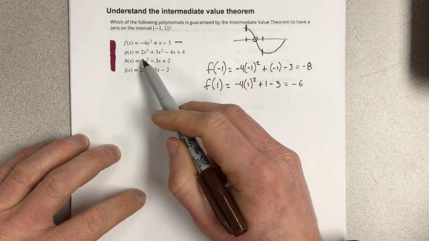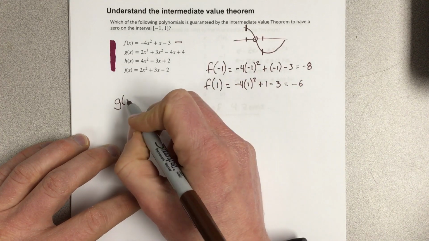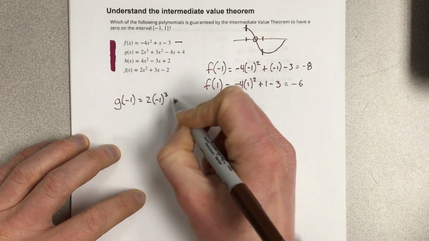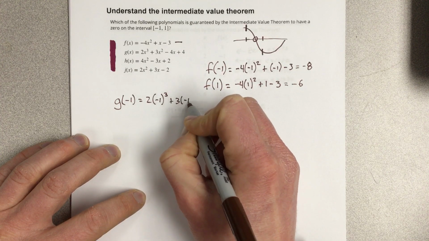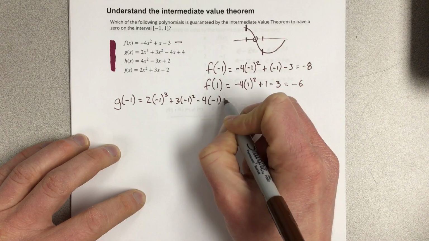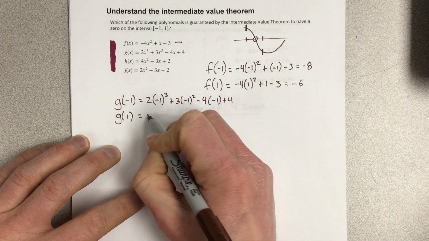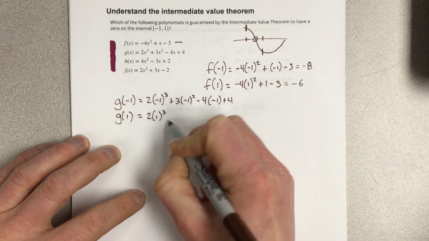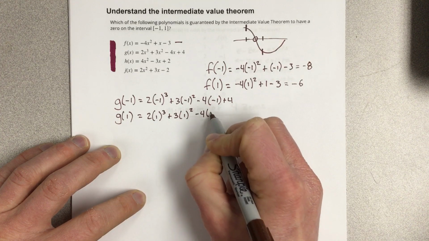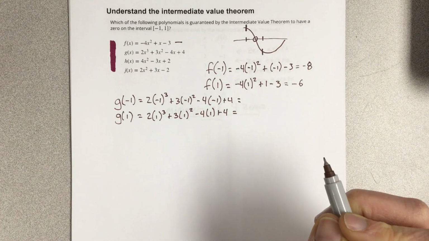And then we start with g of -1, which would be 2 times -1 cubed, plus 3 times -1 squared, minus 4 times -1, plus 4. Do the same thing with 1. And then plug those in the calculator.